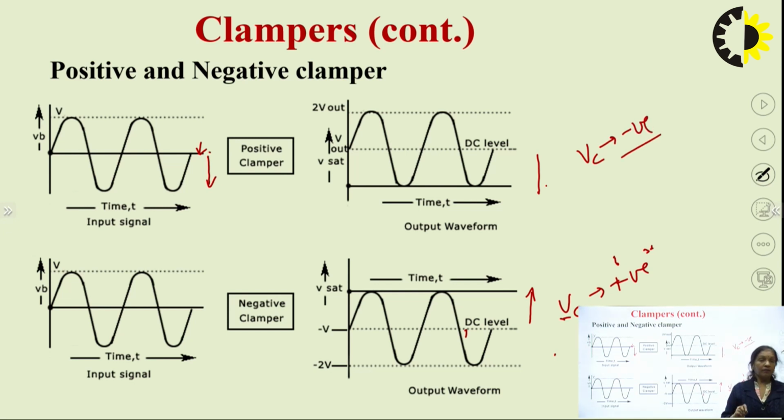So whenever VC is a negative value, this is a positive clamper because the signal is shifted upward, and when VC is a positive value, the signal is shifted downward. So this is the negative clamper.